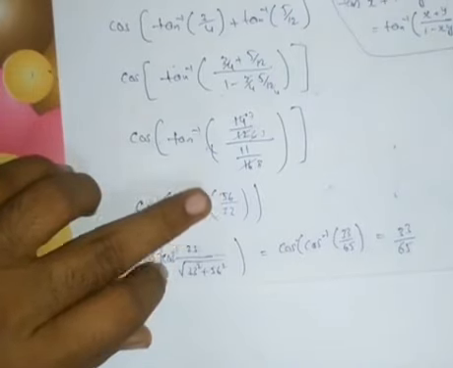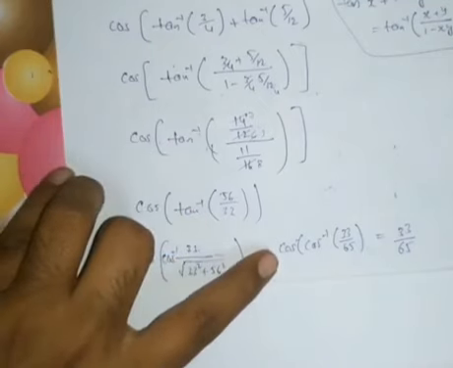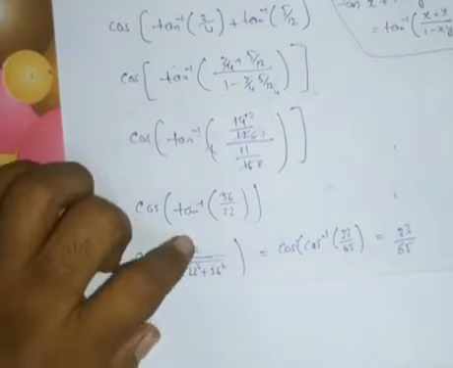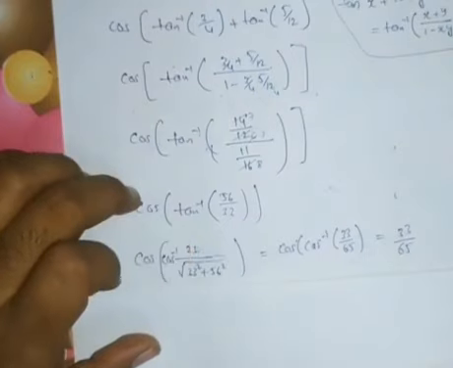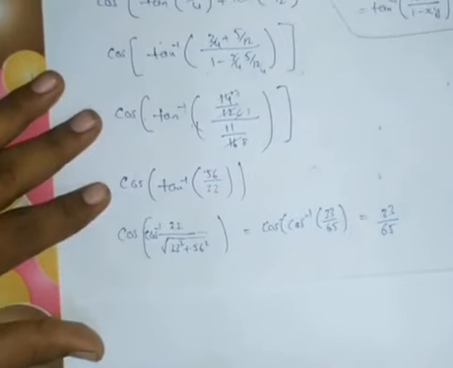For cos the relation is b by under root a square plus b square, so it becomes cos of cos inverse of 33 by 65. Cos and cos inverse cancel, so we get 33 by 65. This is the answer of the third question. Answer is 33 by 65. Next we'll see the last question of the session.